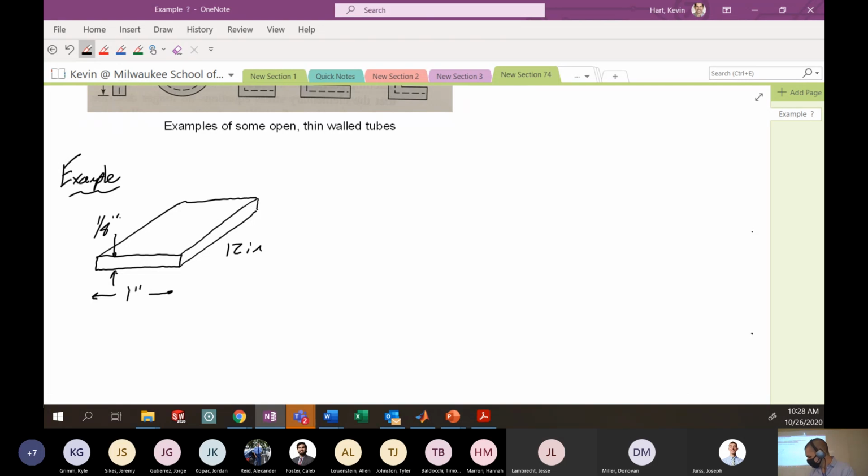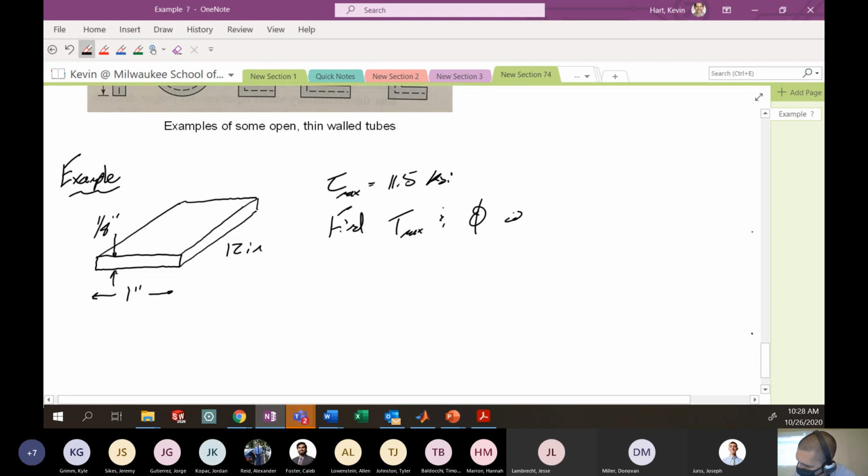We're told the maximum shear stress is 11.5 KSI, and we want to find the maximum torque it can handle and the corresponding angle of twist. So find Tmax and the angle of twist at Tmax. We're also told that the shear modulus for this particular piece is 11.5 MSI.